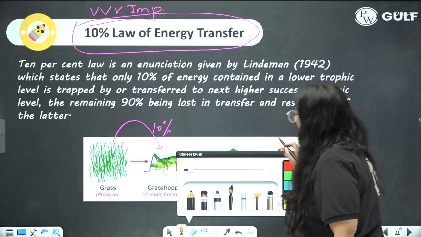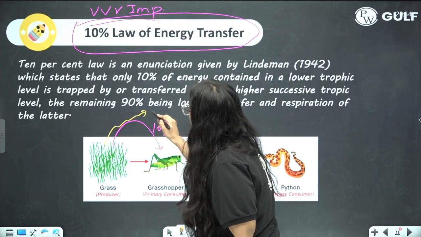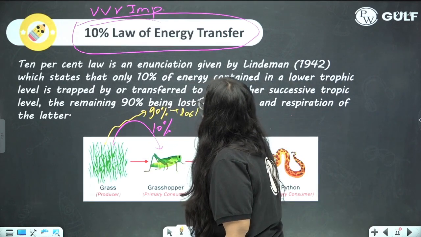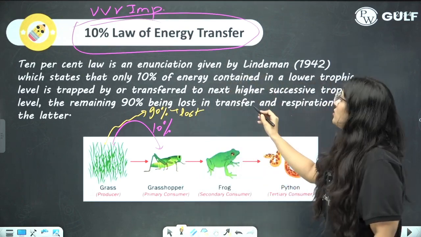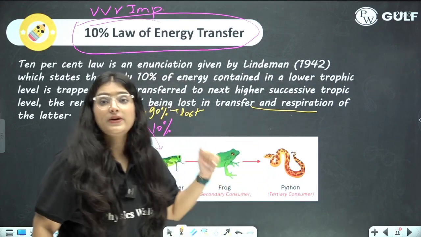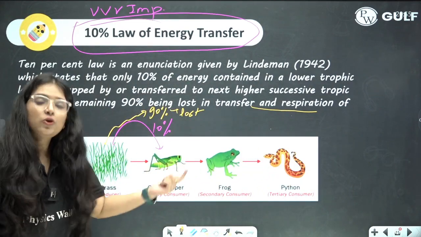The rest, 90%, will be lost in the transfer, in the form of heat or respiration.